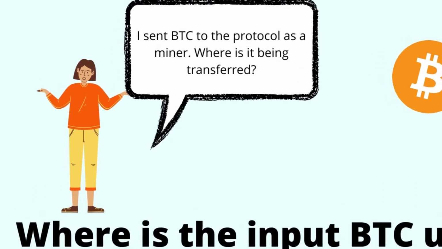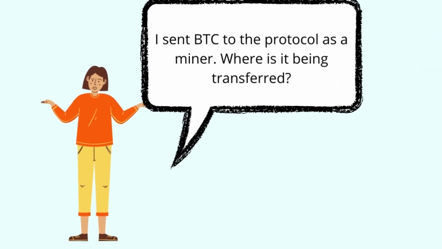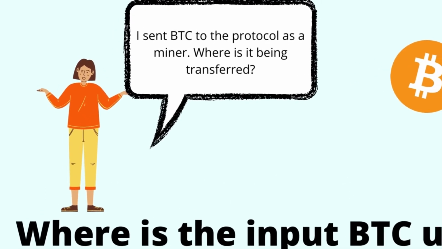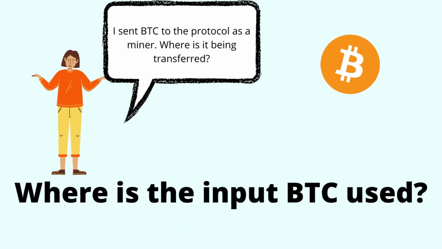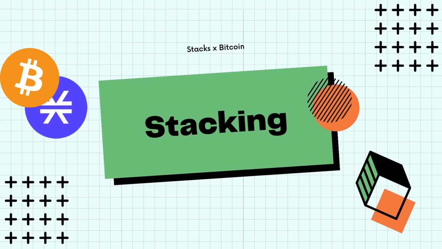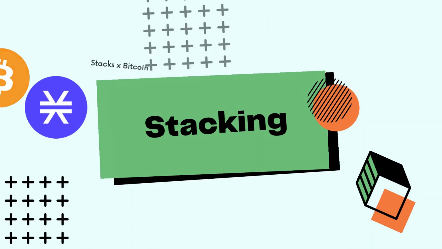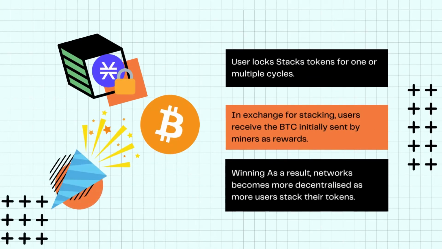But in order to complete the whole economic cycle of proof of transfer, since we mentioned that the Bitcoin being sent is going to be utilized within the chain, where does this utilization actually happen? This happens in Stacks through something called stacking. Stacking is the process of holding and locking up Stacks tokens. You might question why anyone would stack their tokens.